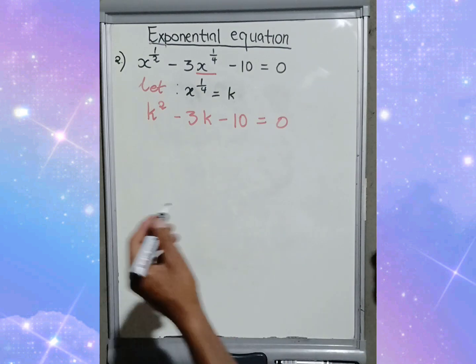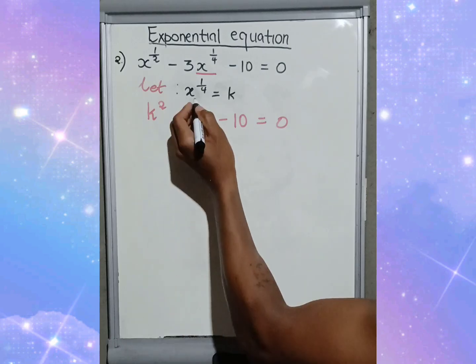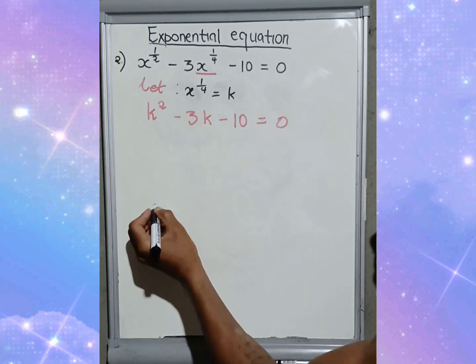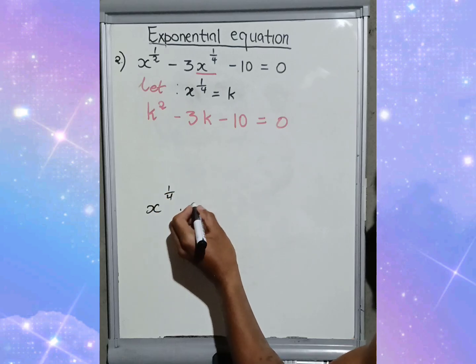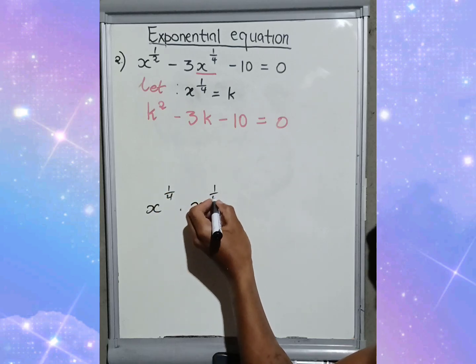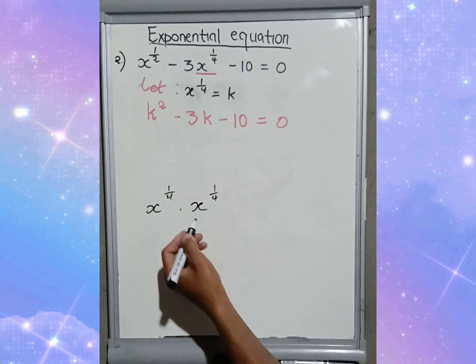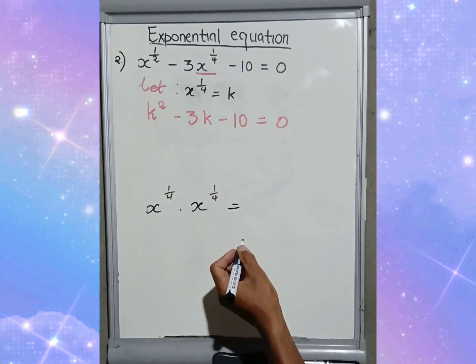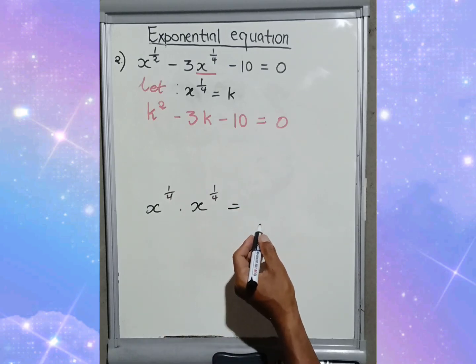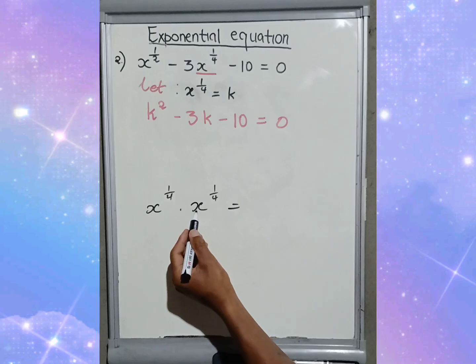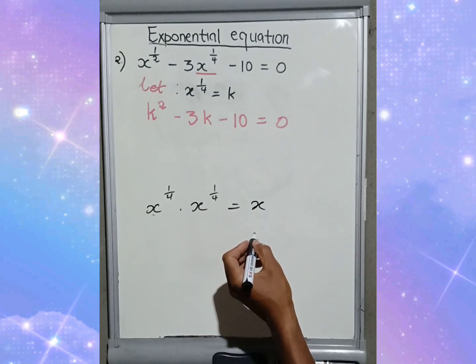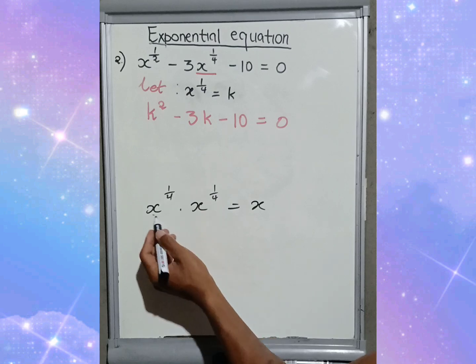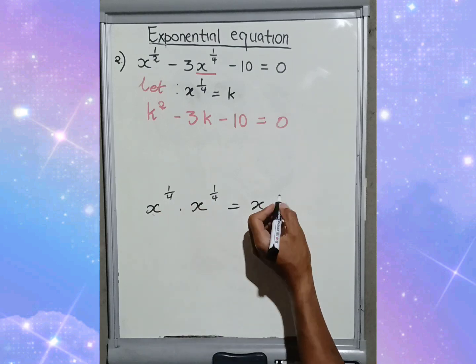We are just pretending that we're going to take this one and multiply it two times. We say that x^(1/4) times x^(1/4). We just solve it. If you multiply the same bases, you take one base and add the exponents.